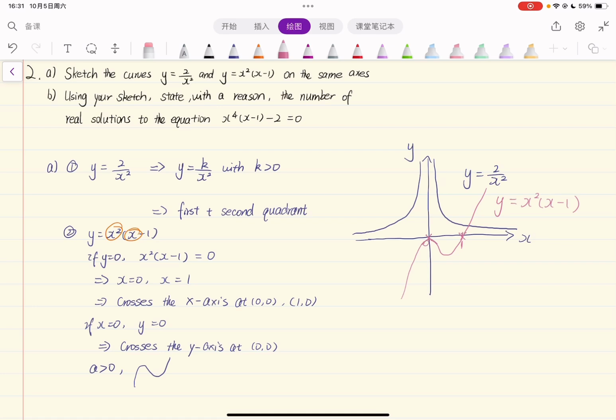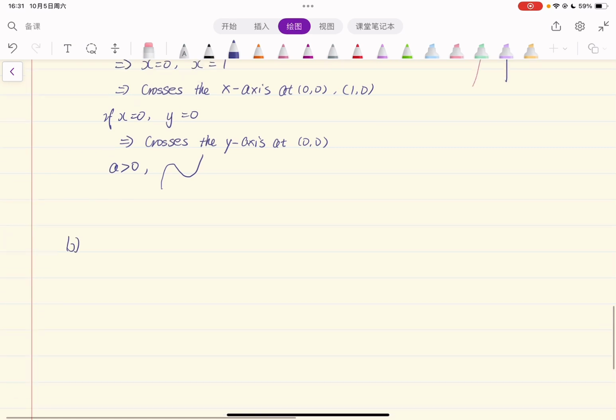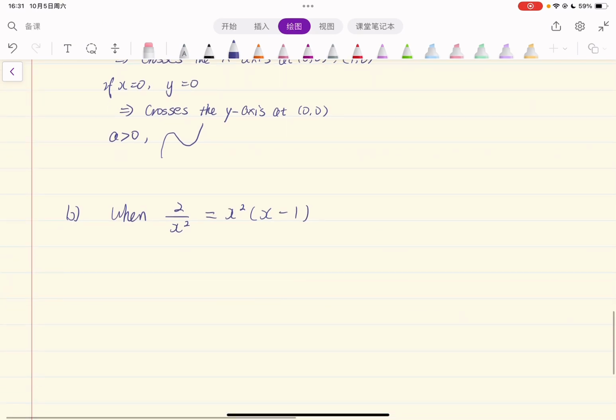Now for part B, using your sketch, state with a reason the number of real solutions to the equation x to the power 4 times (x minus 1) minus 2 equals 0. Now we can see that when 2 over x squared equals x squared times (x minus 1), we can rearrange this equation by multiplying x squared on both sides.